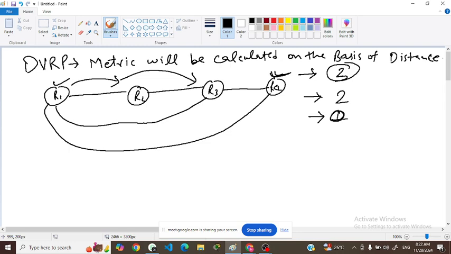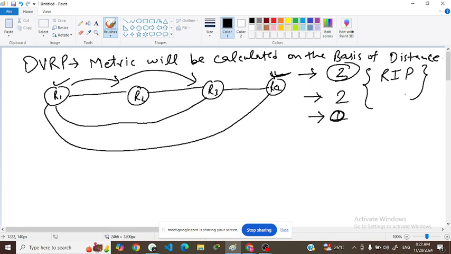And in DVRP, what is the example of DVRP? RIP. RIP is an example of DVRP.